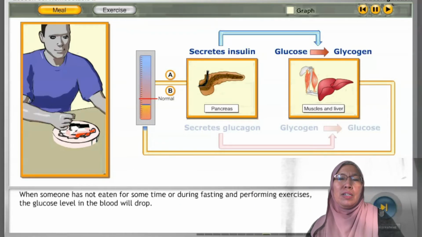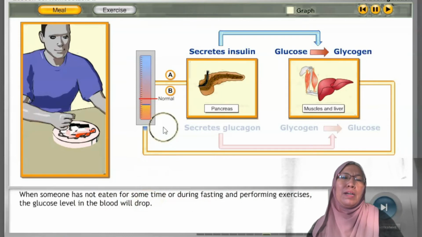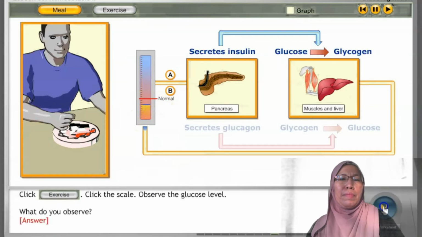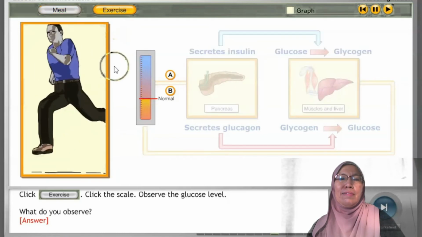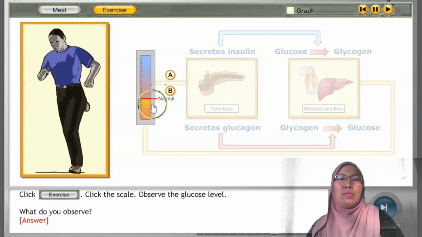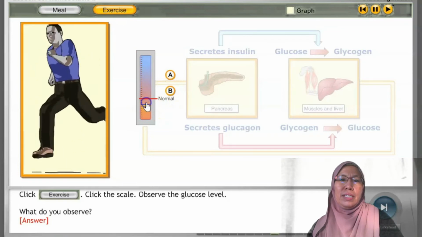When someone has not eaten for some time, or during fasting and performing exercise, the glucose level in the blood will drop. So let me see what happens when this man exercises. What do you observe?